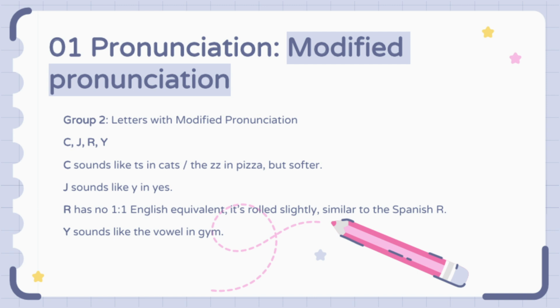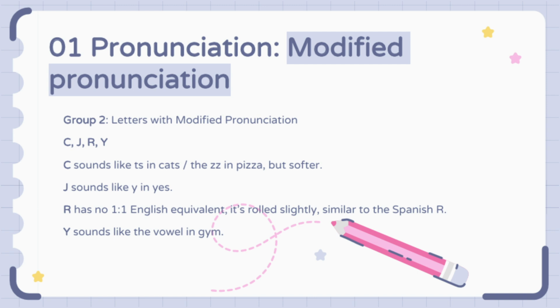Now to modified pronunciation. In this group we have four letters. C sounds similar to TS in cats and to double Z in pizza, but the Polish C is a bit softer than double Z in pizza when you pronounce it in English.